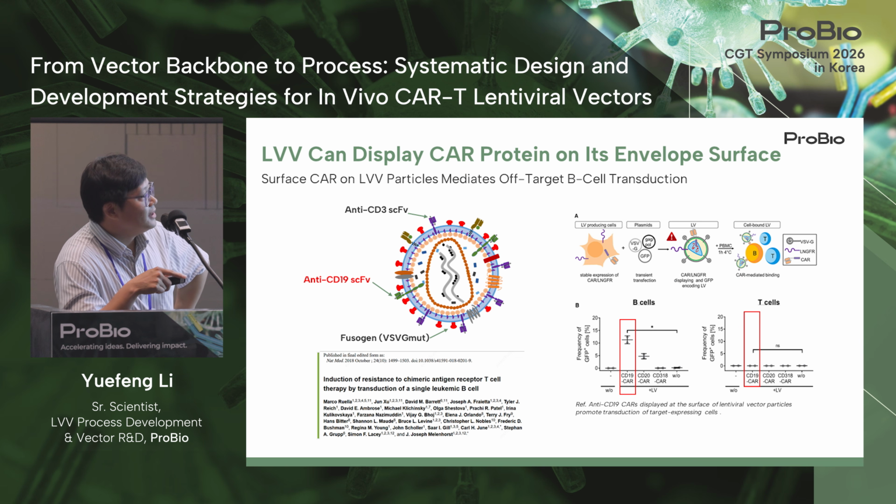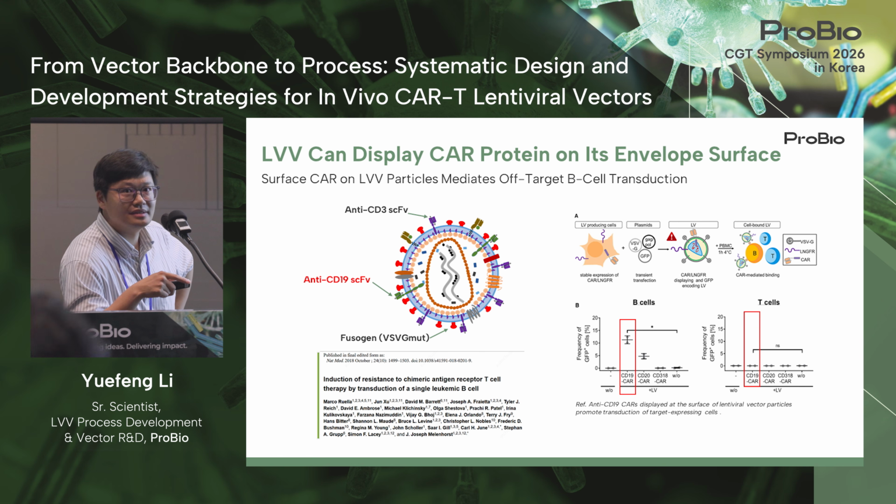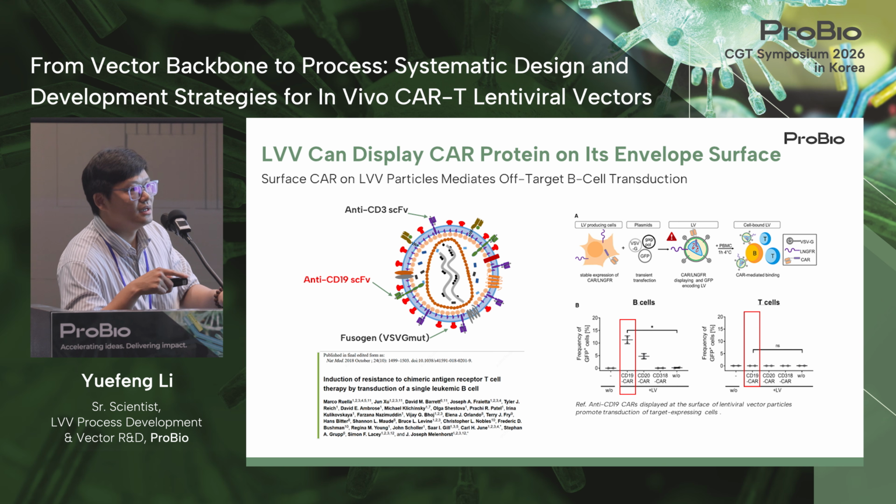There are some risks to using tLVVs in patients. The most important one is that if we try to package a tLVV in the 293 cells, the GOI is normally co-expressed during the packaging process. The GOI protein will show up in the 293 cells.